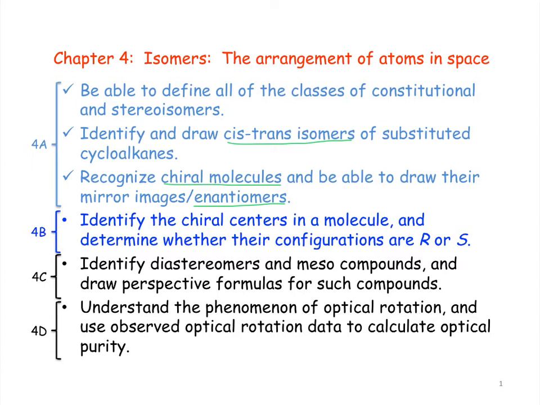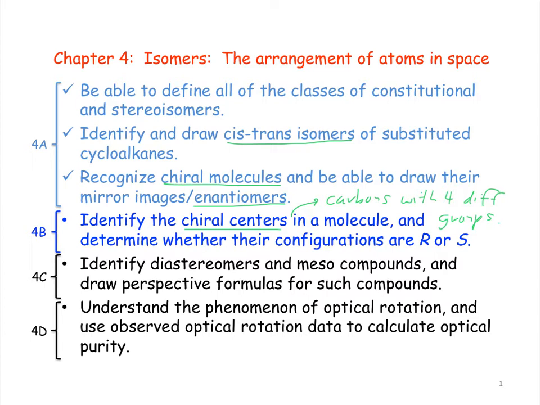Enantiomers arise from the presence of asymmetric centers or chiral centers, and chiral centers are carbons with four different groups or substituents attached.